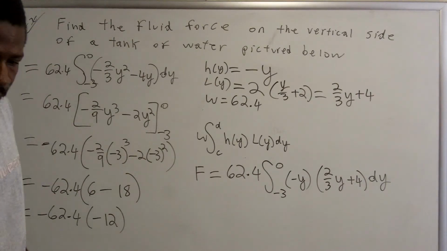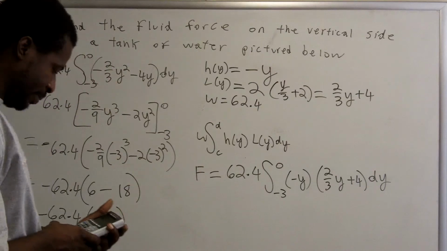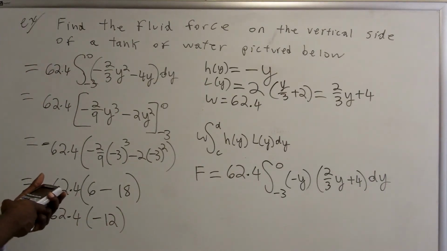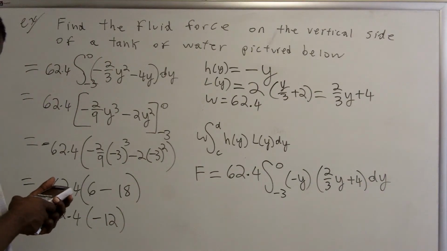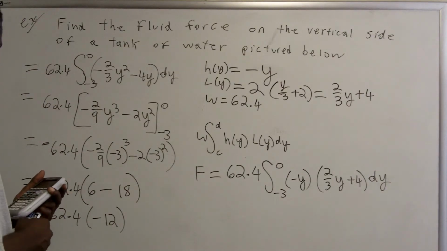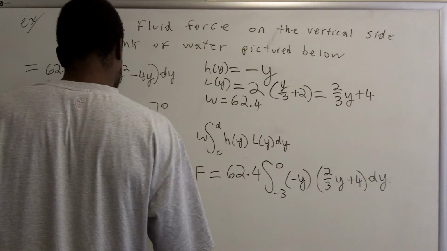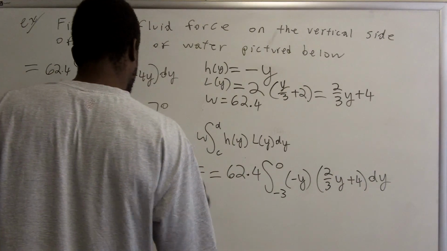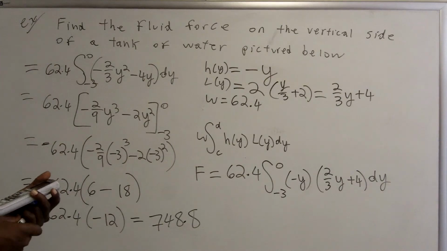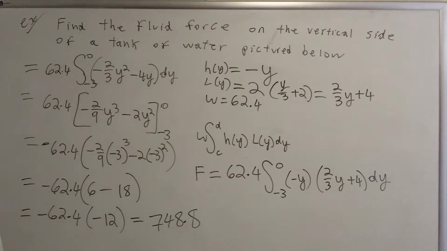Let's see what that yields. 62.4 times -12 gives us 748.8. And let's see, what are we doing this in?